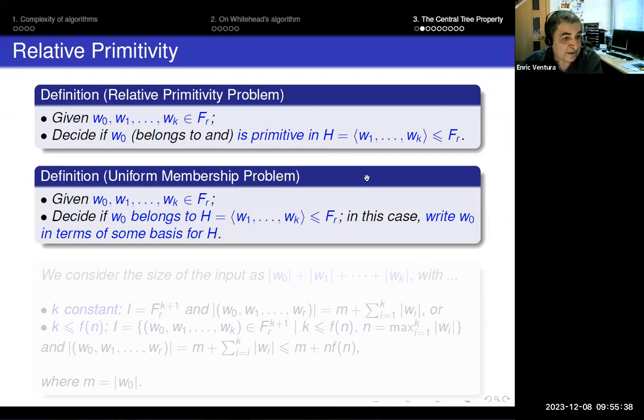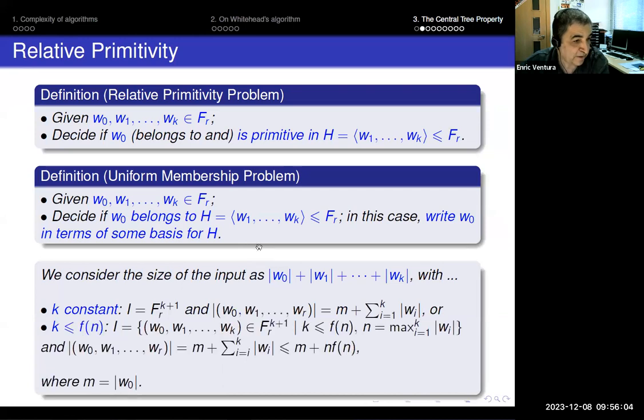Of course, to analyze this, first we have to check the standard uniform membership problem. We have to first decide whether W0 belongs to the subgroup generated by the W's, and in case it does, rewrite W0 in terms of some basis that you could compute for the subgroup. Here we will consider two possibilities.